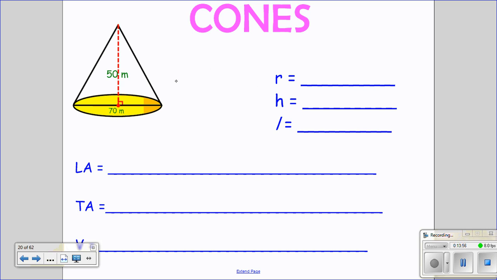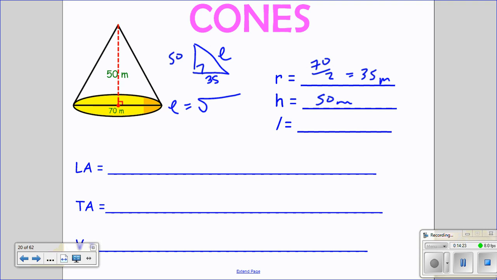All right, on this cone, our radius would be found by taking 70 divided by 2, which is 35 meters again. We're given our 3D height this time, it's 50 meters. So we need to find our slant height using the right triangle relationship. So it'd be 50 here, and our radius at the bottom. So our slant height is C. So the shortcut is take the square root of 50 squared plus 35 squared.